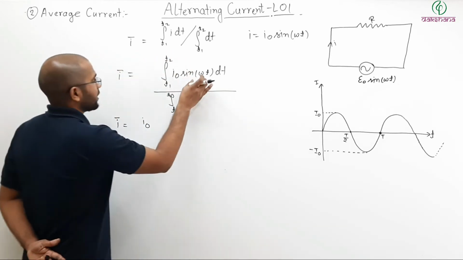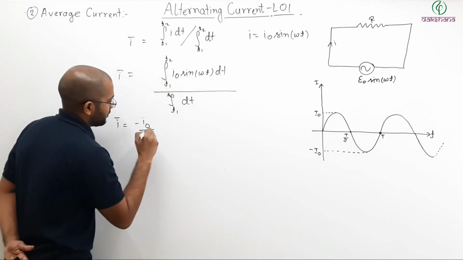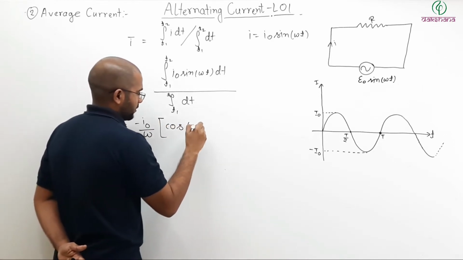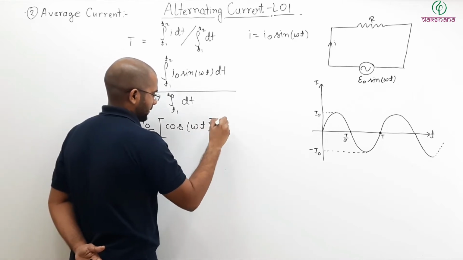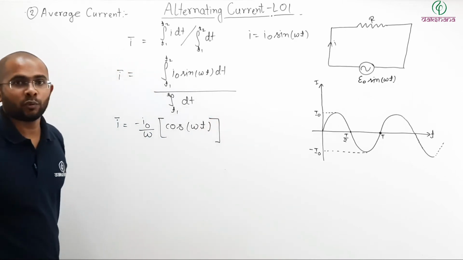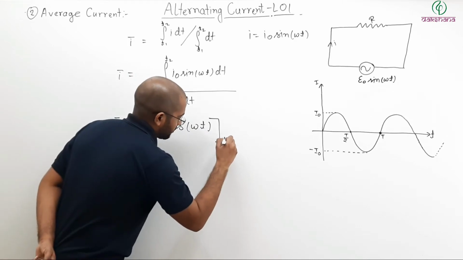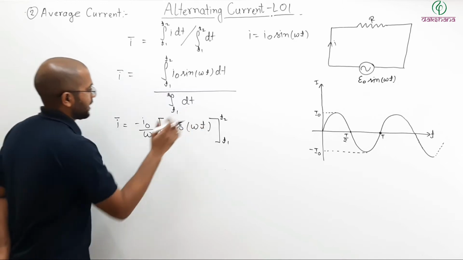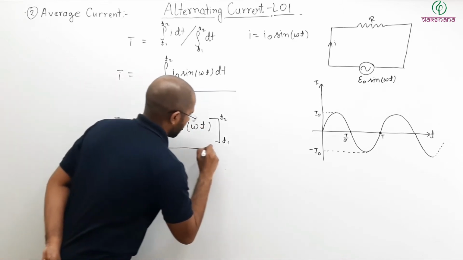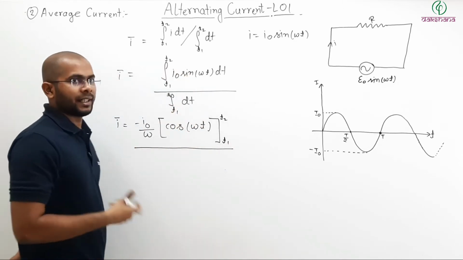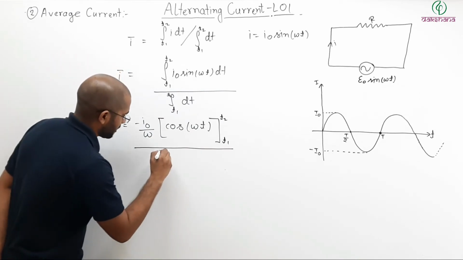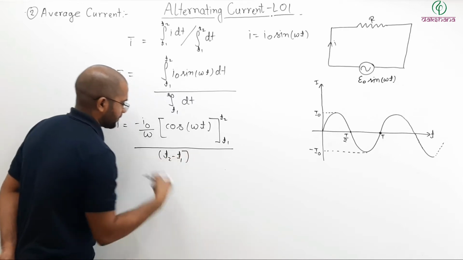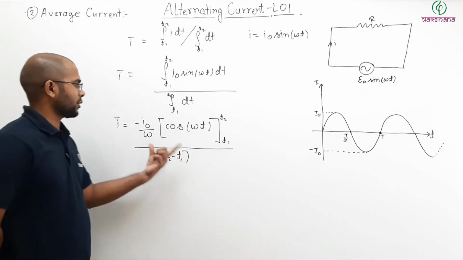That integration will be minus of one by omega cos of omega t, from T1 to T2, divided by dt integration, which is nothing but t. So that will be T2 minus T1. So that will be your average.